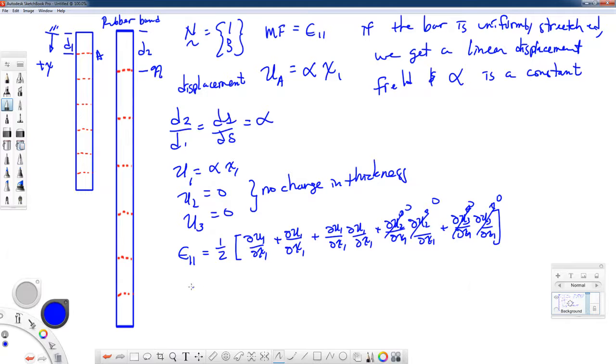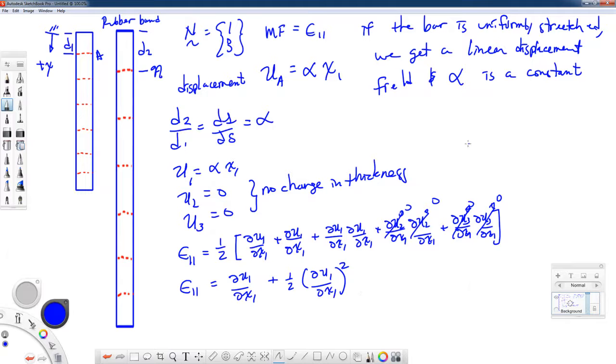partial derivatives. And what we have then here is epsilon 1, 1 is equal to 1/2. Then we have 2 of these same terms. So what I'm going to do is take that 2 and distribute it into the 1/2, and it's going to be equal to the partial derivative of u1 with respect to x1 plus 1/2. Then what we have left here is partial of u1 with respect to x1 quantity squared.